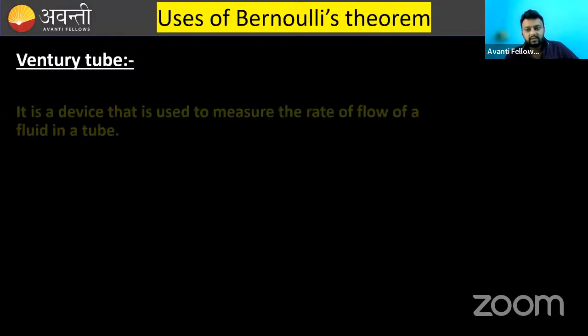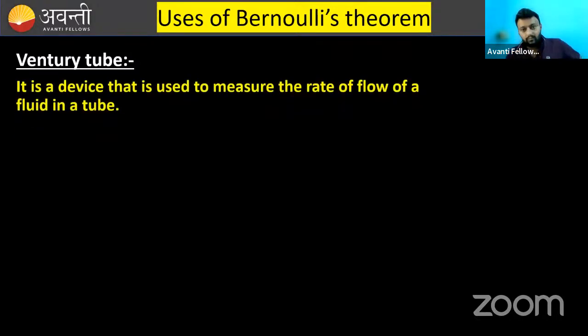Then the Venturi tube is used. They are basically used in oil refineries, where crude oil or refined oil is supplied through a pipeline. So it is used to measure the rate of flow of the liquid, the petroleum products. So that's how it is used.